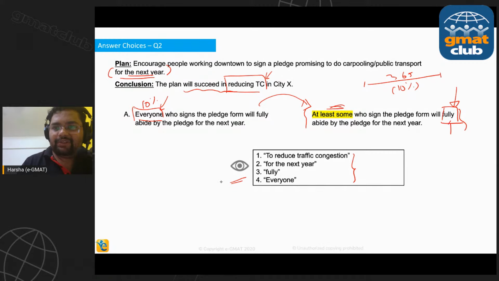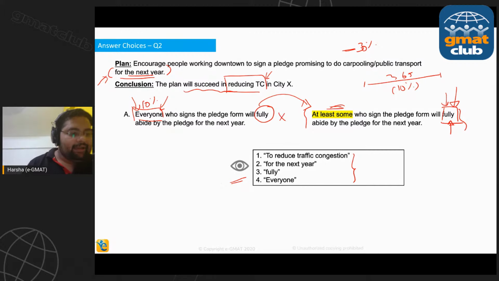This fully is also not required. So pure visualization of the answer choice and the question for the next year told me that I don't need to fully abide. I can abide like 30% of the time, 20% of the time. That's also sufficient. I also understand that everyone is also not required. So there are two reasons why you should reject option A.